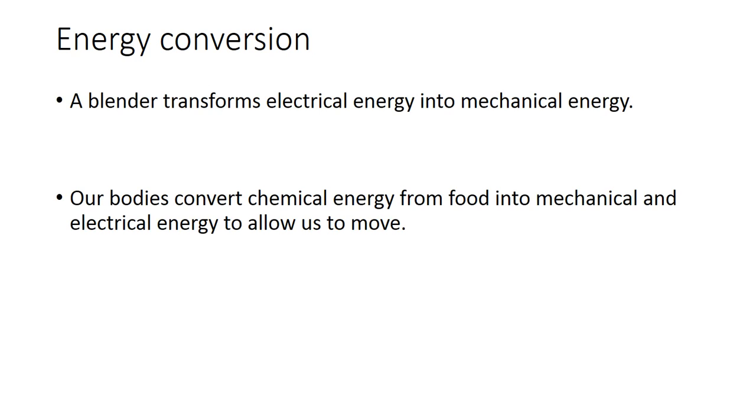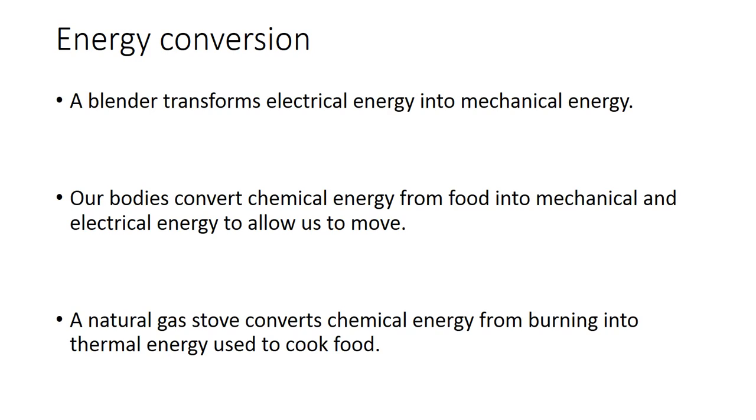Our bodies convert chemical energy from food into mechanical and electrical energy. A natural gas stove will convert chemical energy from burning into thermal energy used to cook food. So energy conversion is important. That's how we survive.